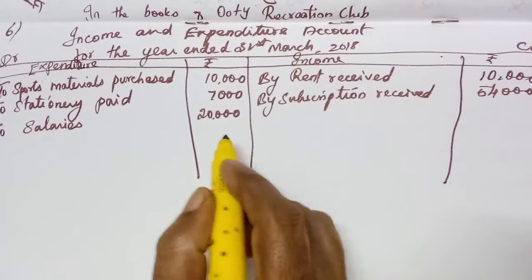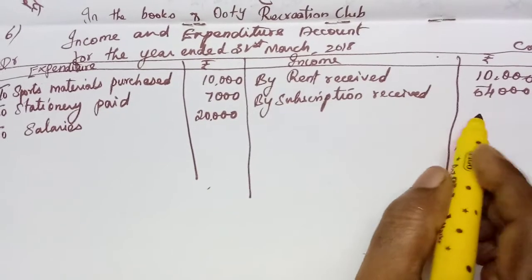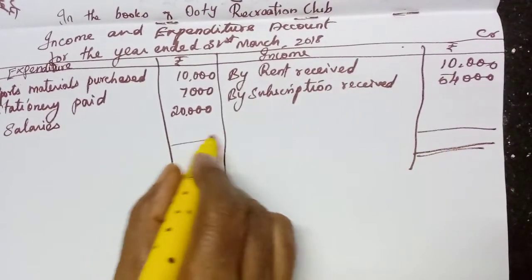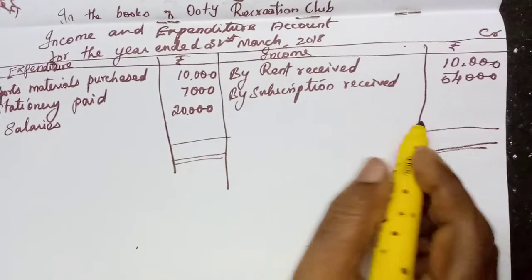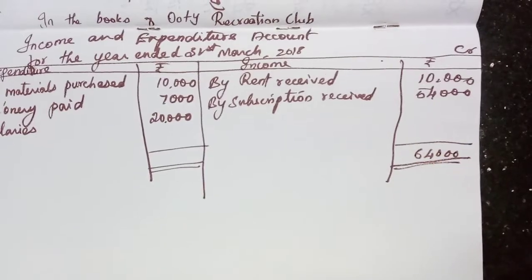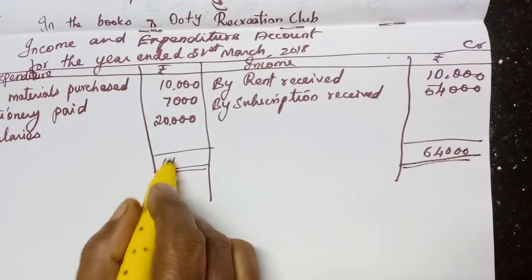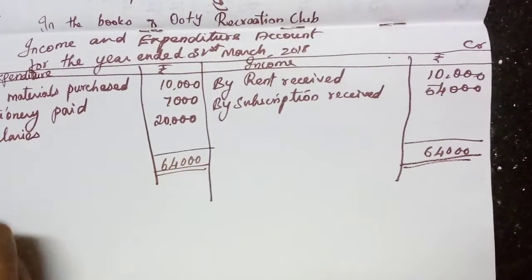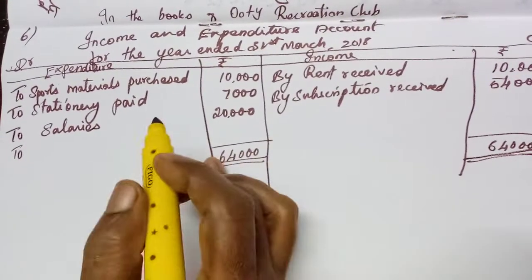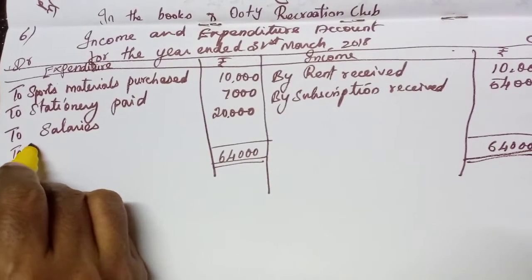Now we have to balance the account. Which side is more? Credit side, 64,000. Now we have to write, if credit side is more, to surplus.